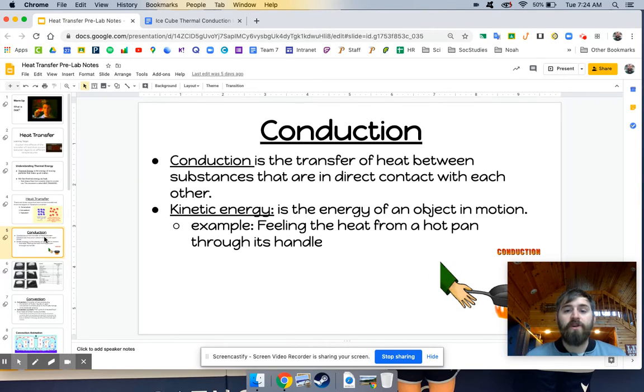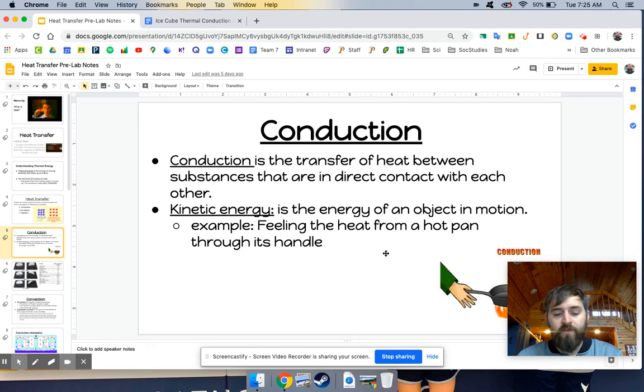For example, when you touch the window, you feel cooler. The example on the slide is if you touch a hot pan. If it's direct contact and you feel heat, that is conduction.